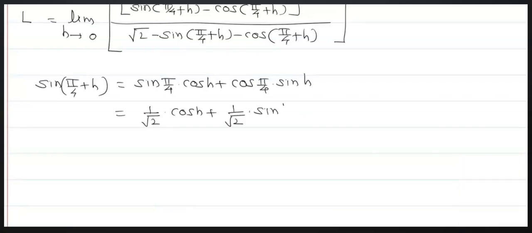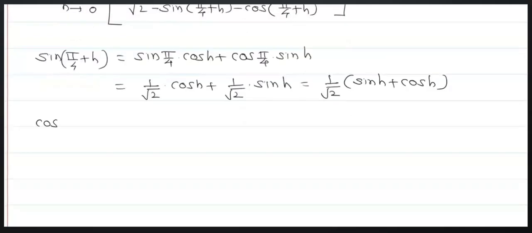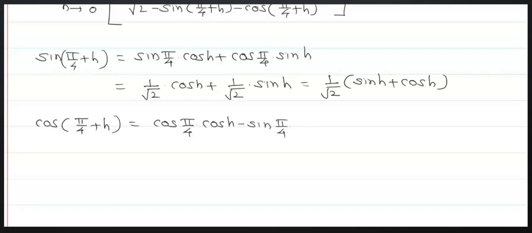Take 1 by root 2 as common, then in bracket you will get 1 upon root 2 (sin h plus cos h). Next is cos of pi by 4 plus h, then you will get cos of pi by 4 cos h minus sin of pi by 4 into sin h. Therefore you will get 1 upon root 2 in bracket (cos h minus sin h).